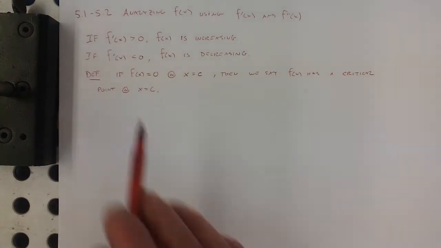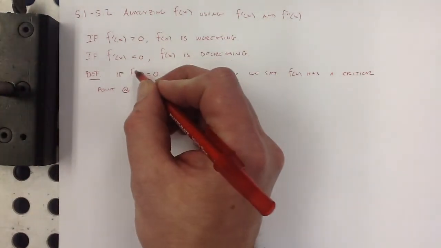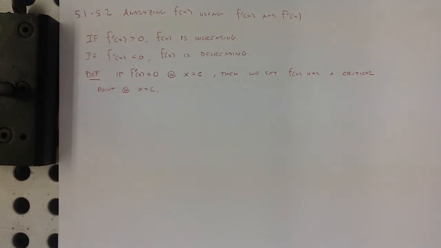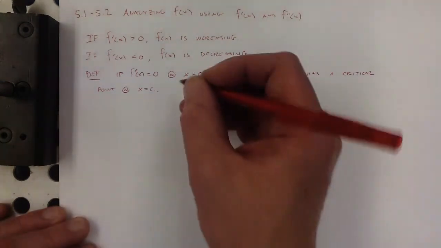So anywhere where the slope is 0, oops, that's supposed to be f prime of x, sorry. Anywhere where the slope is 0, we call that a critical point.